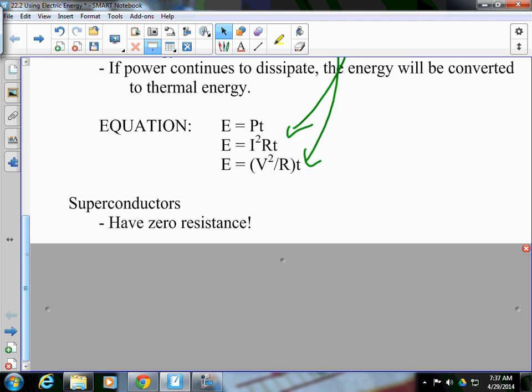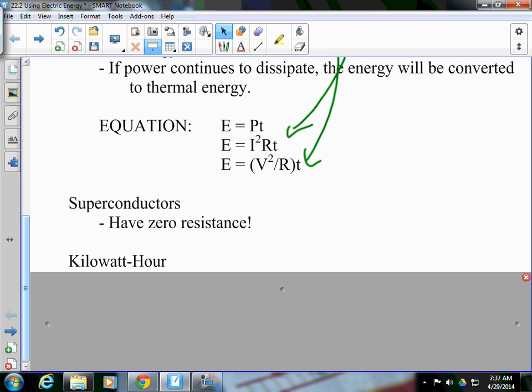Superconductors have zero resistance. That's common sense, something that doesn't have resistance. I should have put that below, because as we talk about energy, energy for the most part by electric companies is measured in a different unit. It's measured in a kilowatt hour. Electric companies charge you based on the number of kilowatt hours that you use.